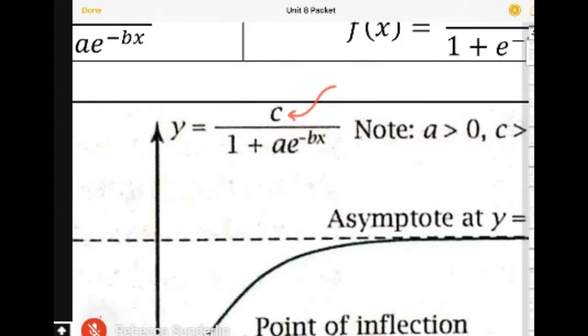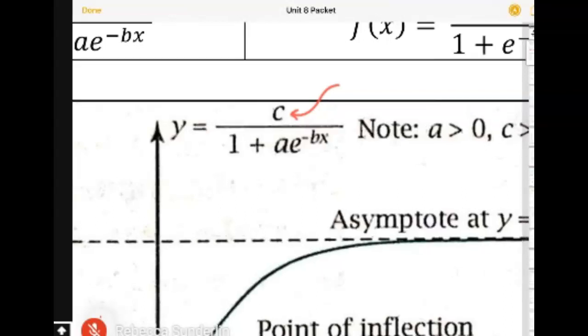Capacity. No. Shoot. Oh my gosh, this is how today is going. I had such an awful morning. Oh my God, carrying capacity.